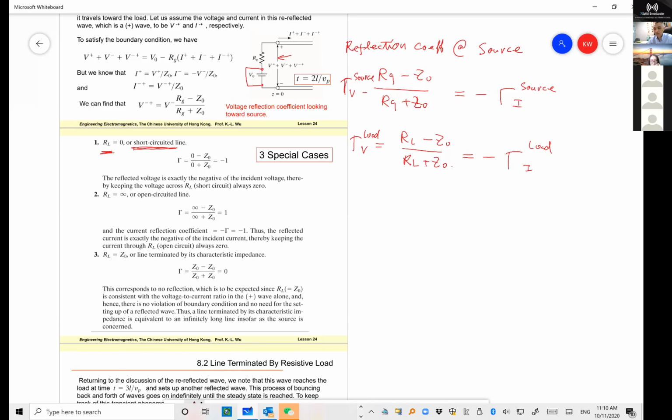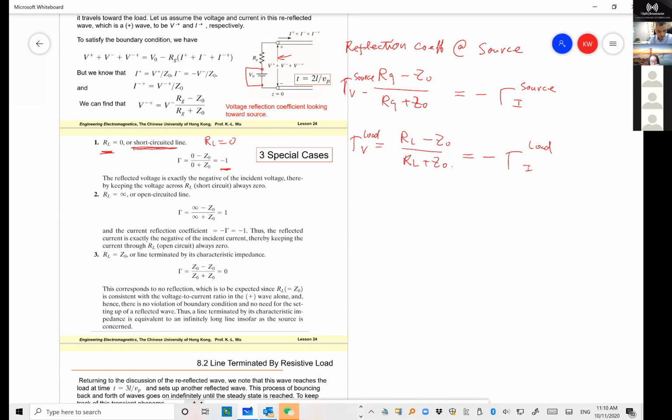When the load equals 0, the voltage reflection coefficient equals -1.